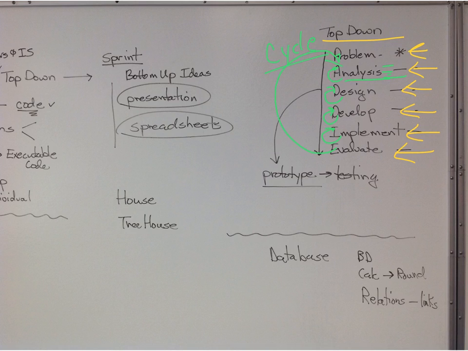Now, another way to do this, let's go a different color. You can take your problem and take these steps, and rather than refine them, go through them quickly, and then develop a prototype. So you don't have all the details, but you can develop a prototype and start testing it, and then you do the same thing here with your prototype.